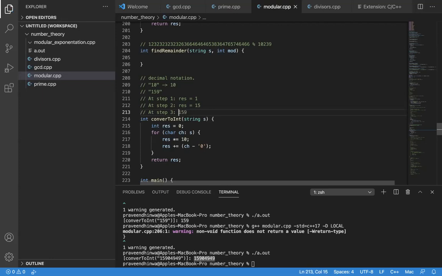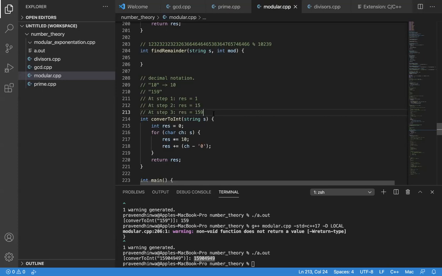So you can see that each time, if I'm considering the first x digits, my number will correspond to whatever be the value of those x digits in decimal notation. In step 1, only considering the first digit, my answer is 1. Considering the first 2 digits, my answer is 15. Considering 3 digits, it is 159. So what is my answer till now? I multiplied by 10 and add the digit. That will be my total answer.